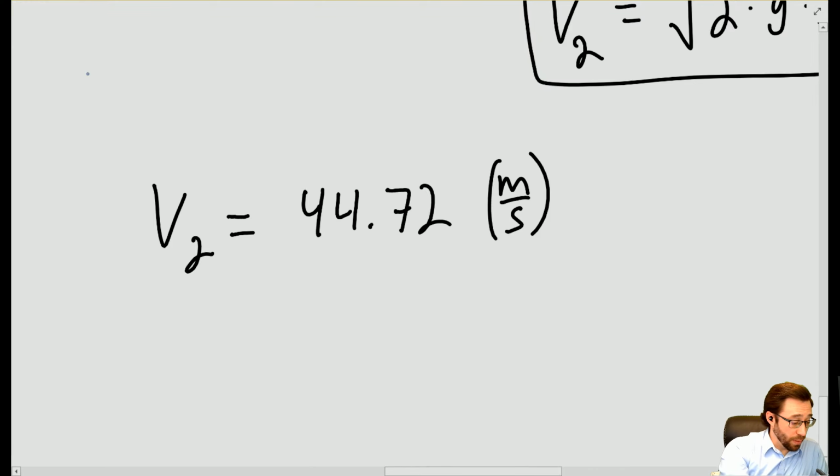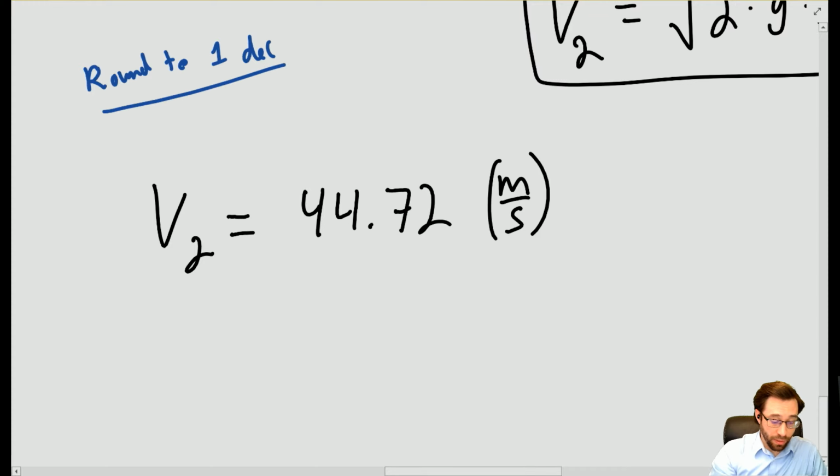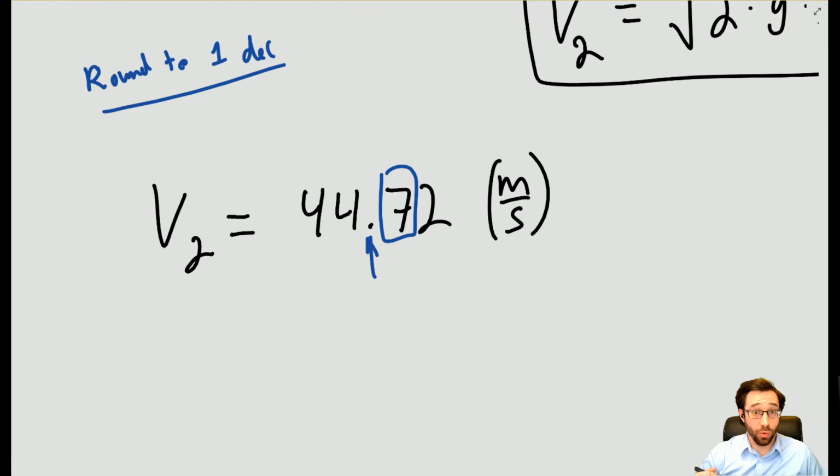So if I say round to 1 decimal point, what I mean is 1 space after the decimal point, that's the value that I'm looking to modify. Am I going to round up and add 1 to it, or am I going to round down and keep it the same?